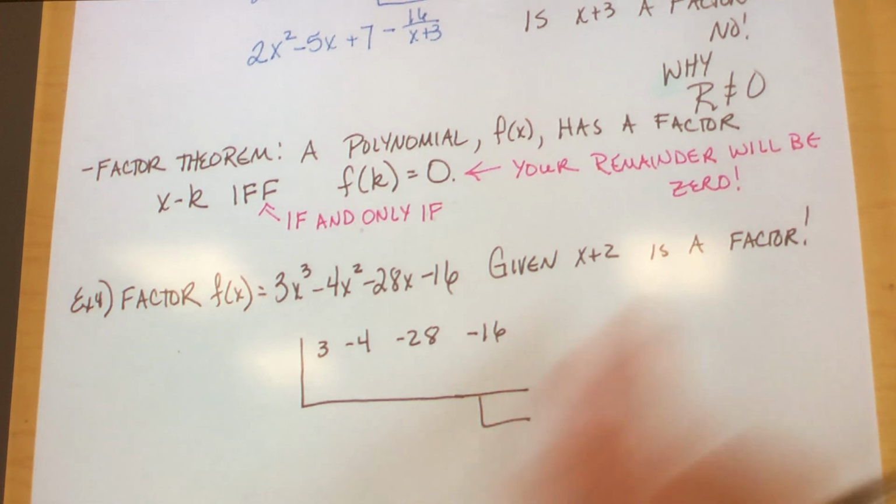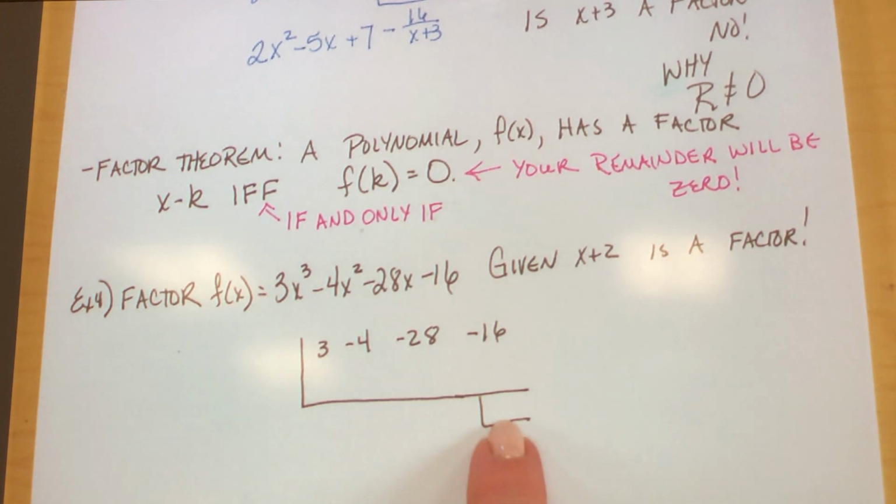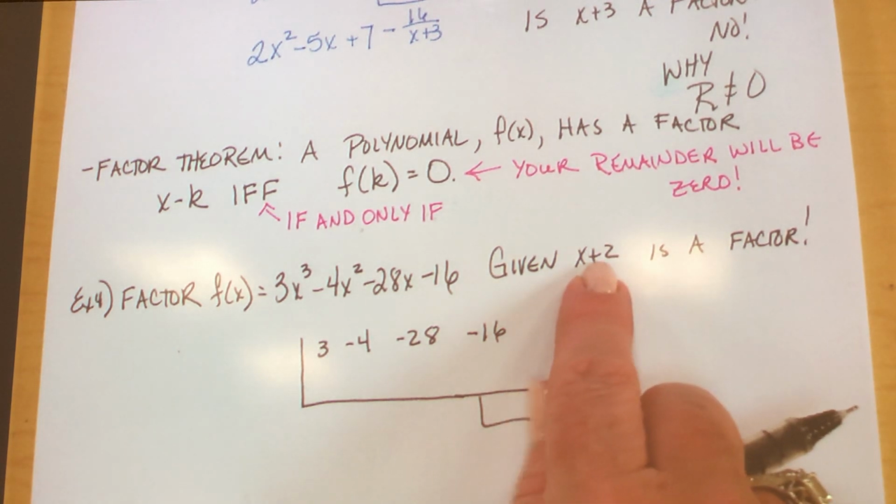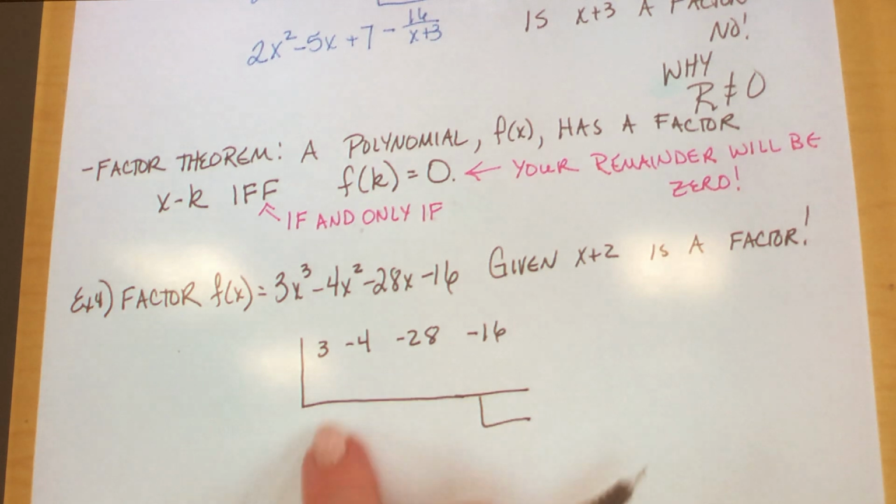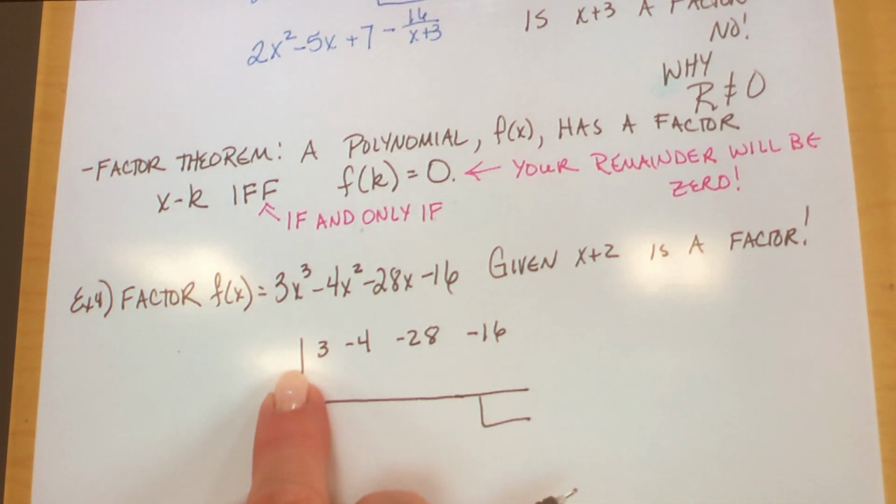Yes, they said it was a factor. What's your remainder? 0. This morning I wrote this down wrong, and when the kids all did it, they were looking at me, and I started doing it, and I was like, whoa, we got a problem, because I knew I was supposed to have a 0 right here. What goes out here? Negative 2. Very good. You do it really quick.